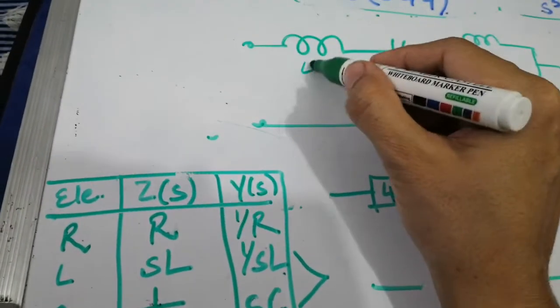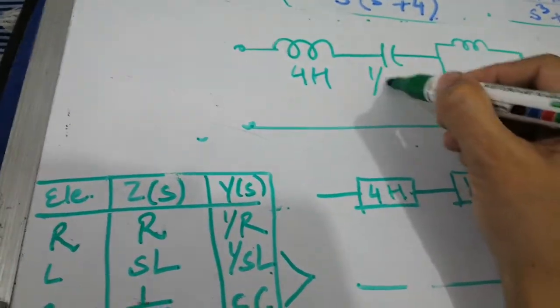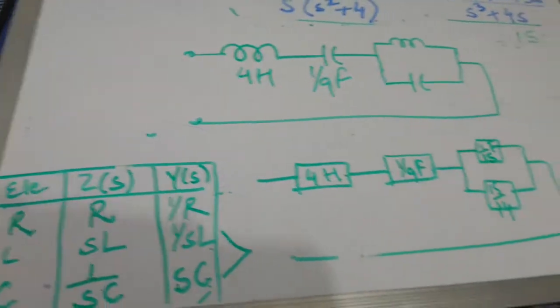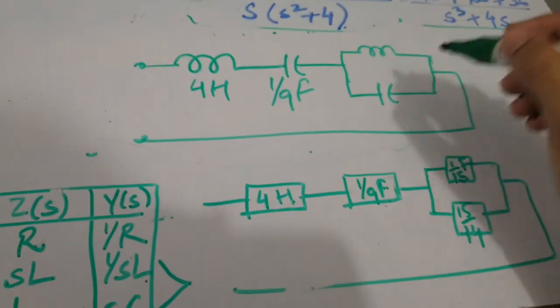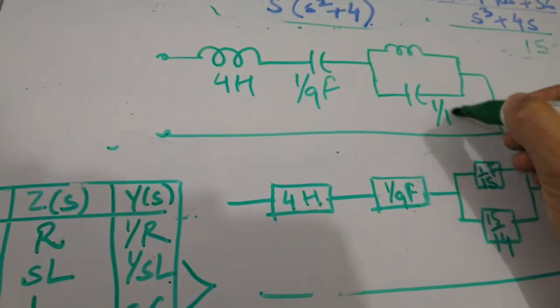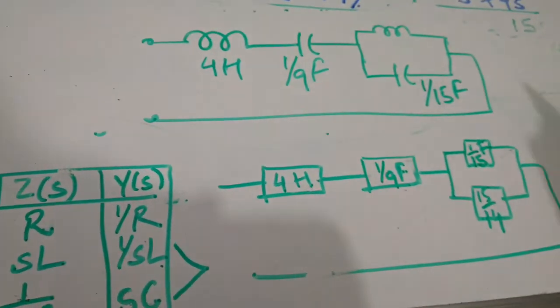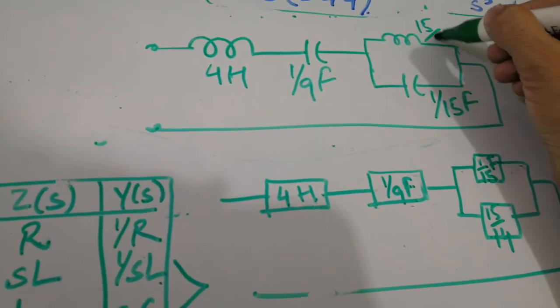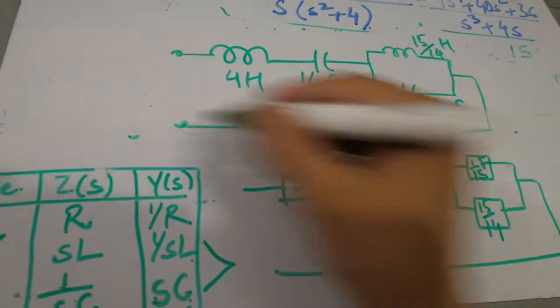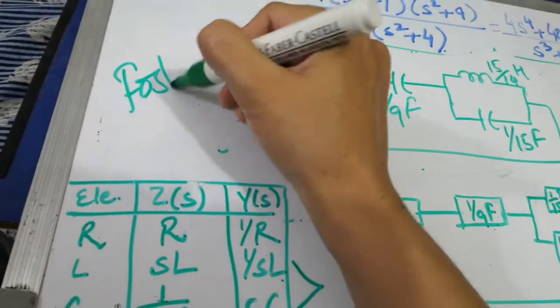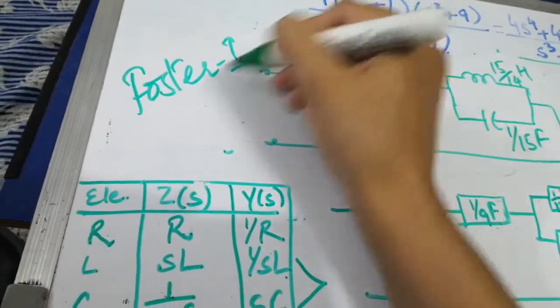So the value here is 4 henries, the value here is 1 upon 9 farads. Kindly don't forget to mention the units, 1 upon 15 farads, and the last is 15 upon 14 henries. So this is it. This makes out to be my Foster 1 form.